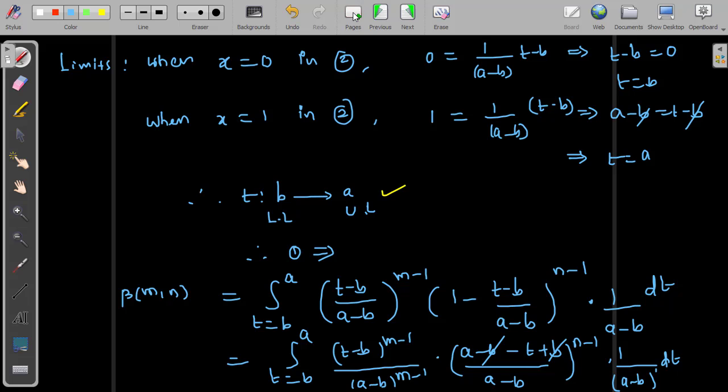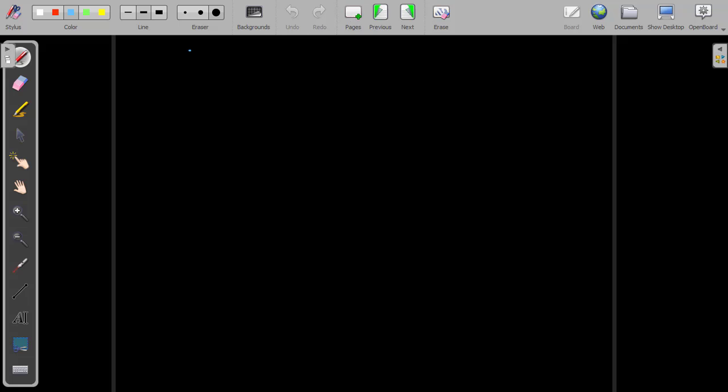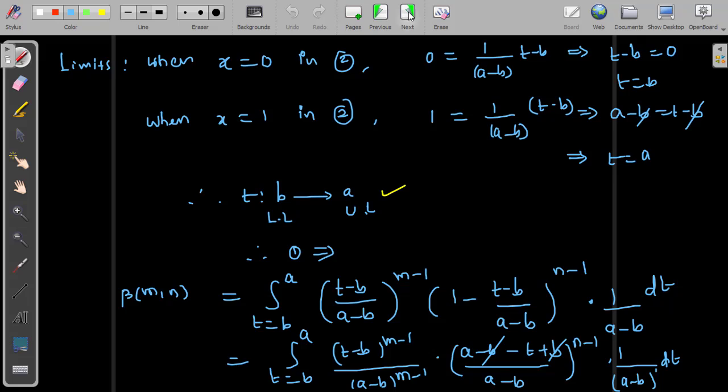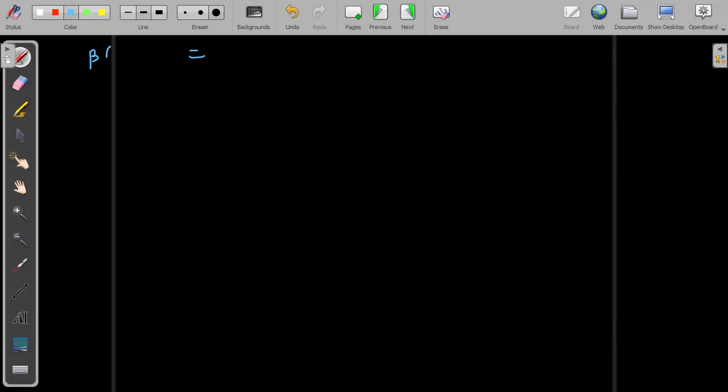So I will take a new page. The next step is, here we have beta of m comma n is LHS, which is equal to, now t limits. Let us suppose t limits here. Limits are b to a. Okay, numerator. So we have numerator (t minus b) power m minus 1, which is divided by (a minus b) power m minus 1 times.